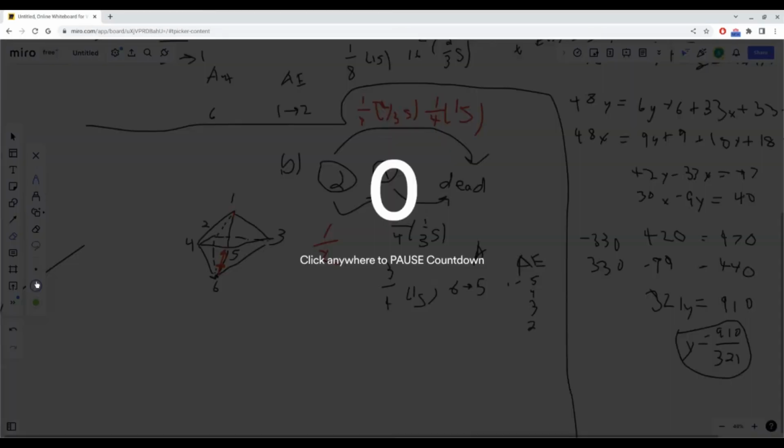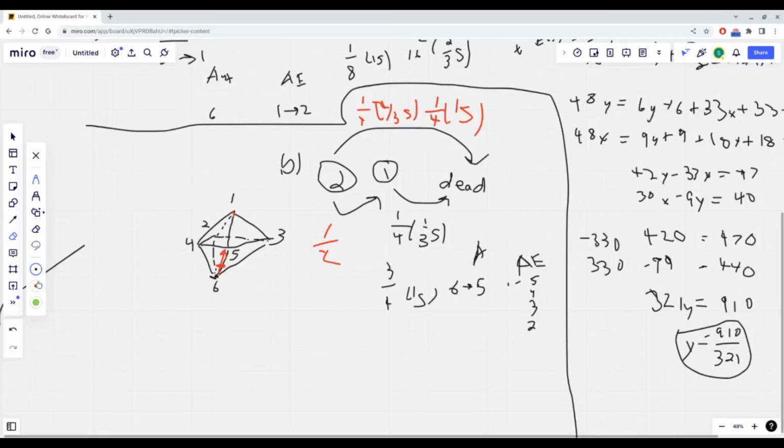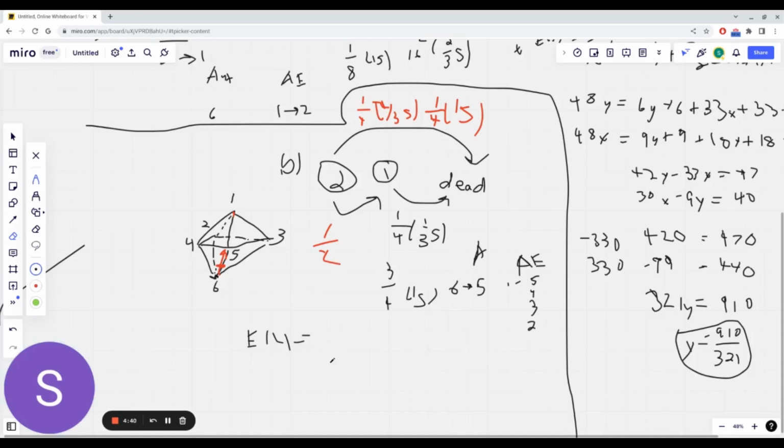Okay, so our first equation is going to be the one for 2, E2. So E2 is going to be equal to, we just sum the 1/2 E1 plus 1/4 times 2/3 plus 1/4 times 1.